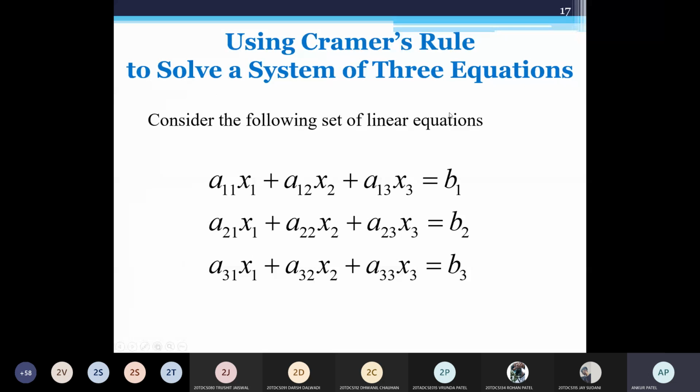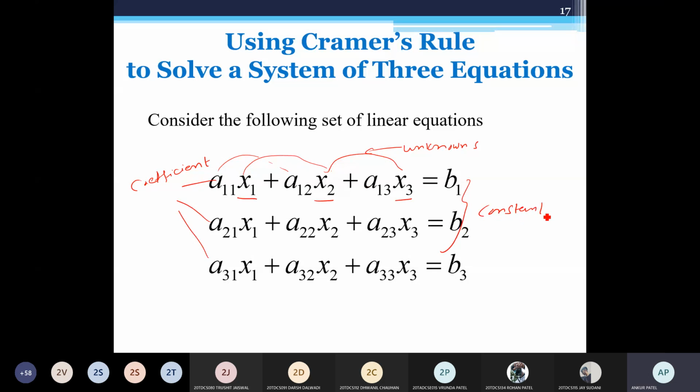So how do we apply this Cramer's rule? Here 3 linear equations are given. In the equations, x1, x2, x3 are known as unknowns. These a11 and so on are all your coefficients, and this is your constant.